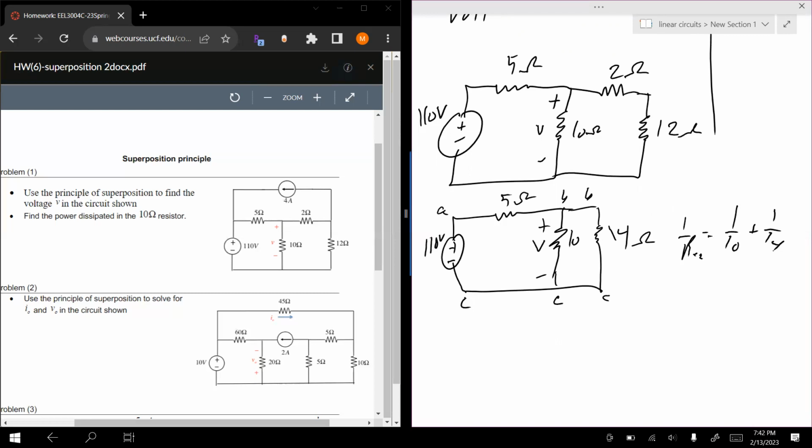Let me get my calculator for this. There it is. 35 divided by 6. So I'm getting my equivalent resistance is equal to 5.83 repeating.